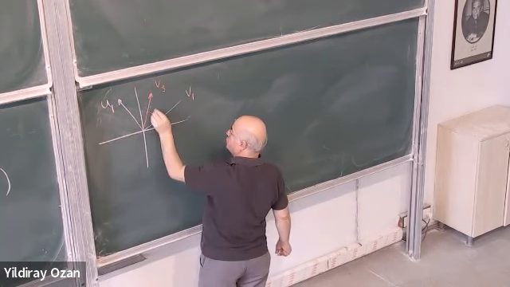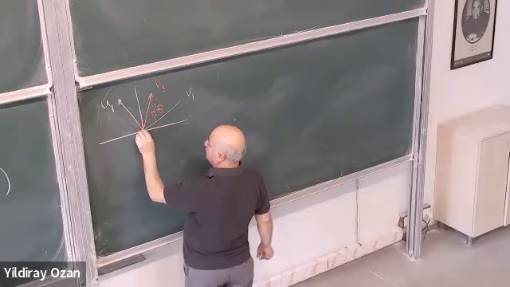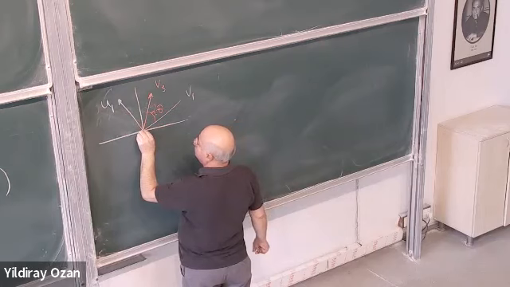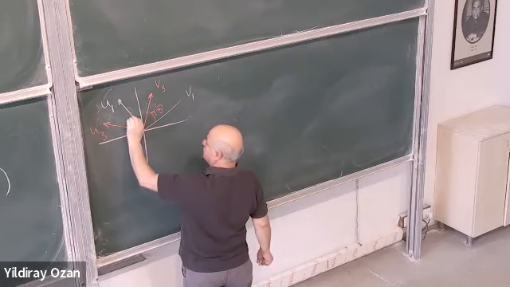So this is 2 theta, and this will give me U3, and this is 2 theta, right?